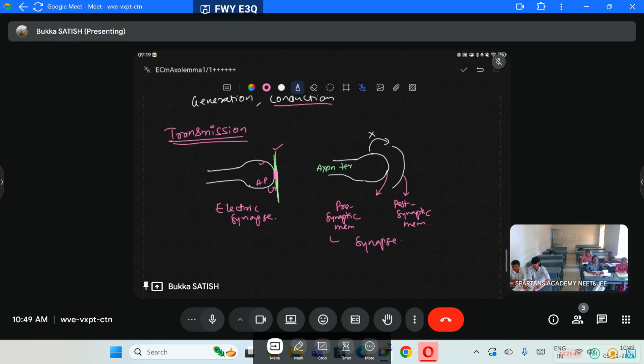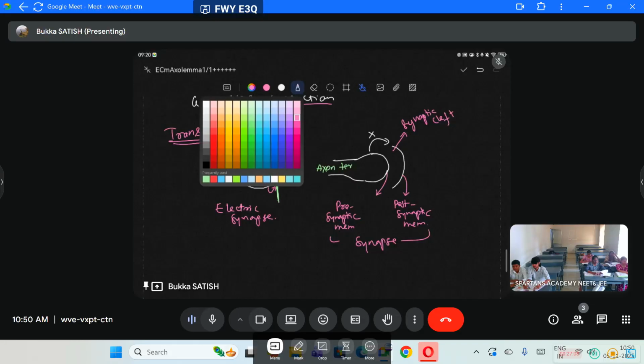So this synapse consists of the presynaptic membrane and the postsynaptic membrane. In between these two, whatever space is there, this is what we call the synaptic cleft. Cleft means basically there is a space. So how can the action potential be transmitted from this to this?